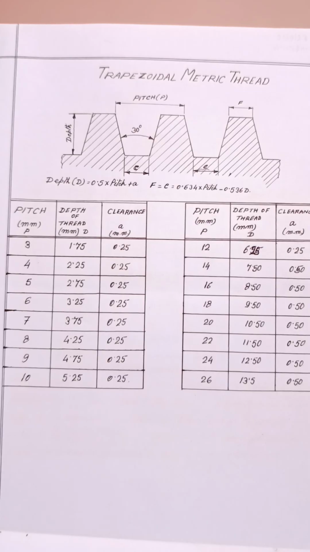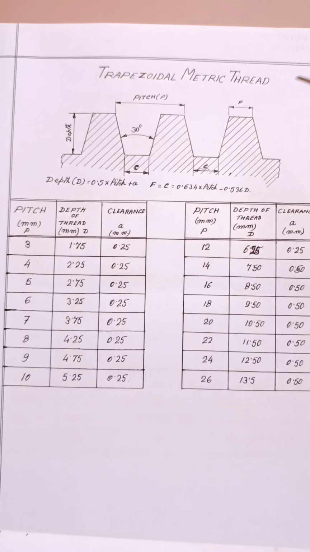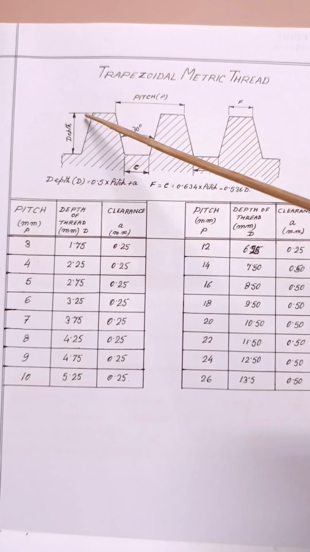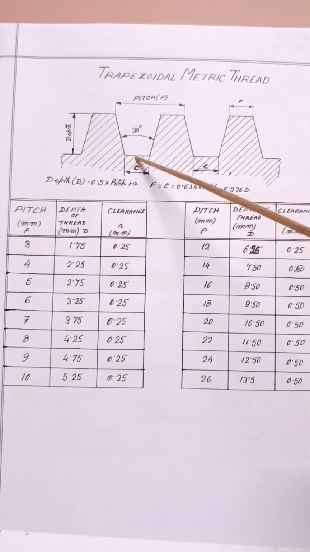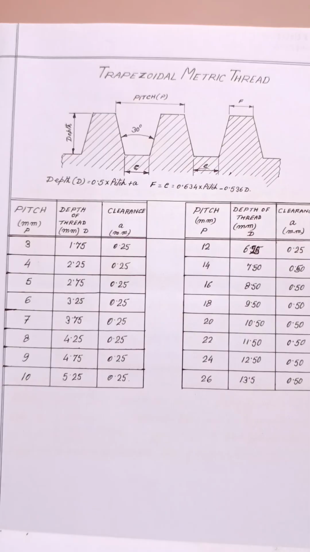Here is the same thing I told. This is the top diameter, this is the root diameter, as I discussed earlier. From here to here, the perpendicular distance is called the depth of the thread. This is the root and this is the top, or you can say this is the crest and this is the root.